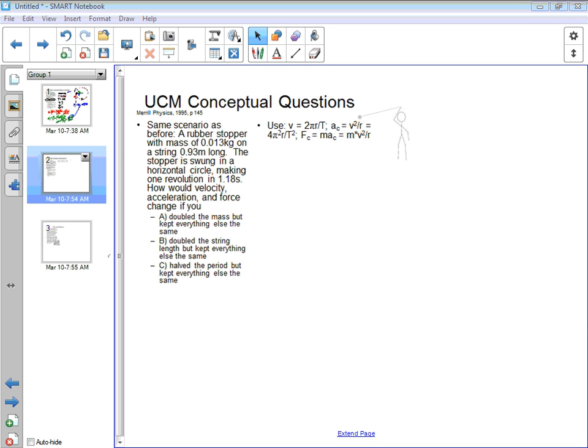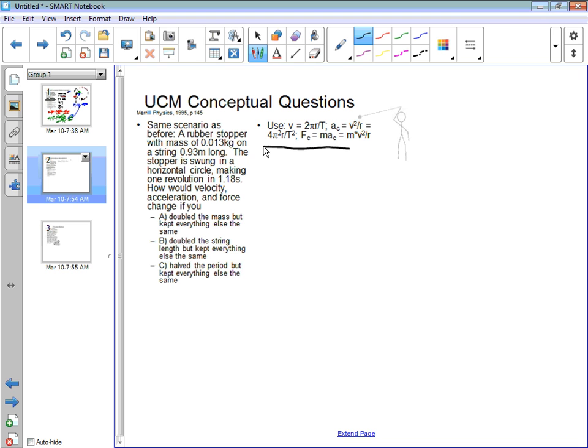Now, part A should be nice and easy because we're talking about doubling the mass and only changing the mass. Well, which equations have anything to do with mass? If I look up here, these are some of the equations that I have. Which one of those has mass in it?